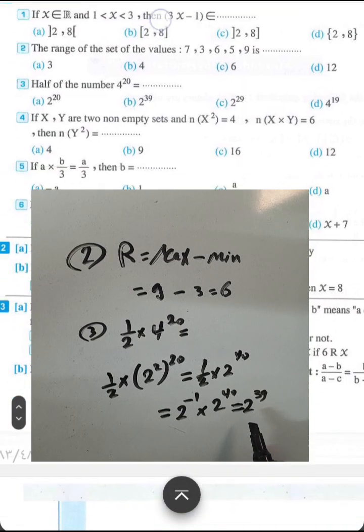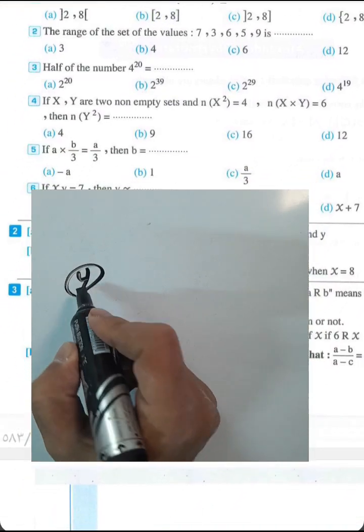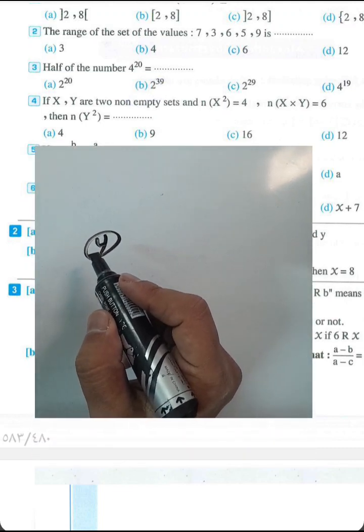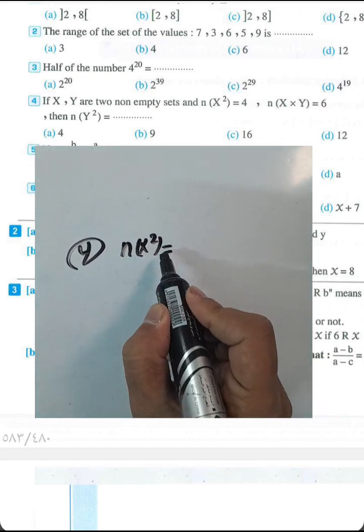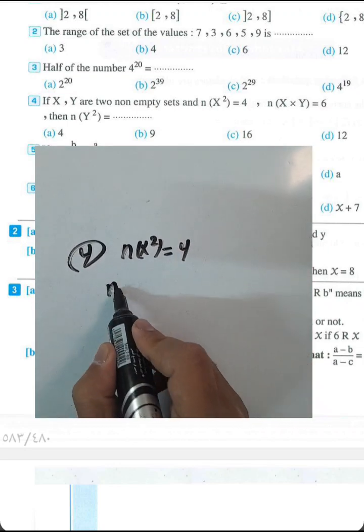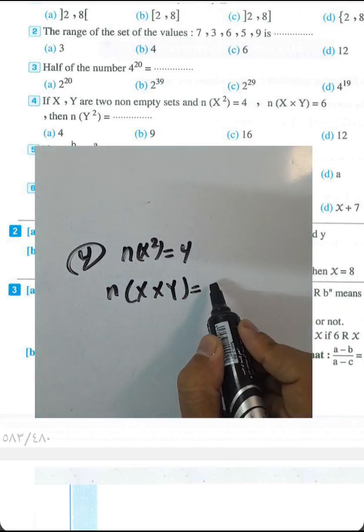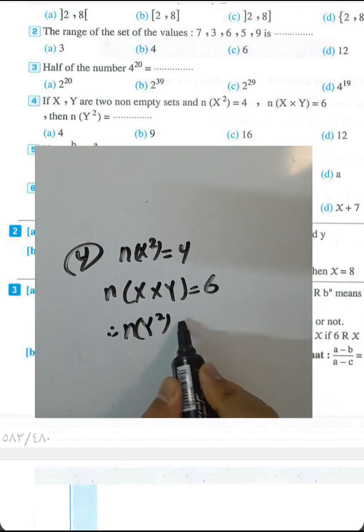Question number 4. If x and y are two non-empty sets and the number of elements of x squared equals 4 and the number of elements of x product y is 6, then the number of elements of y squared equals what?